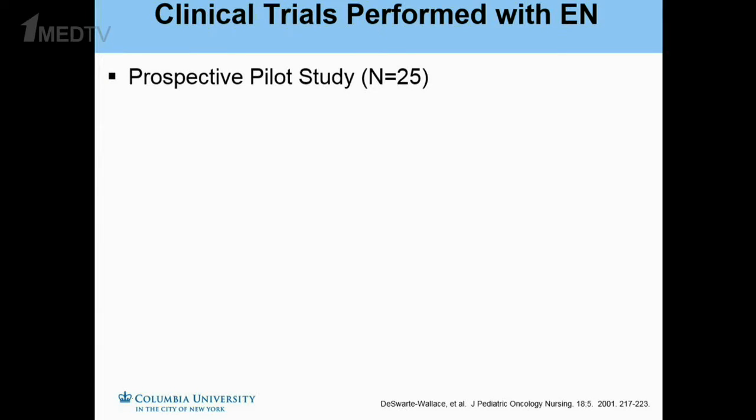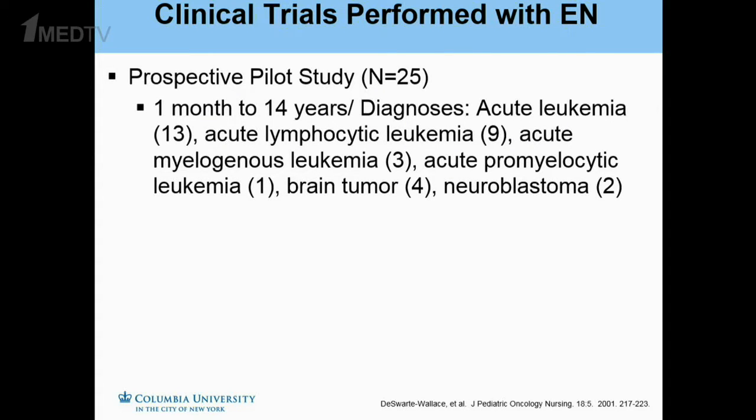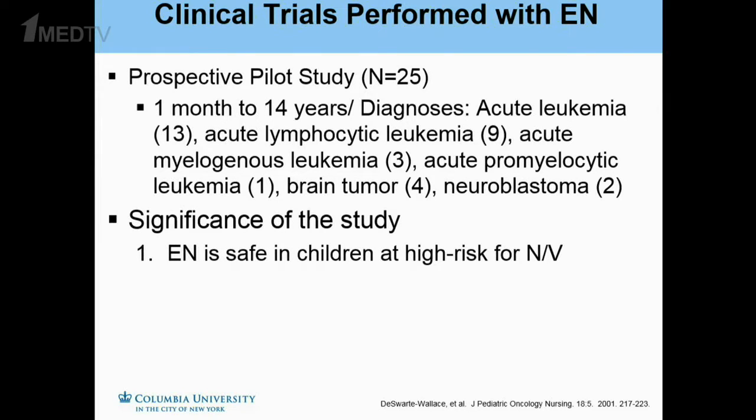So I'll bring to your attention that there have been few studies performed in children with cancer and enteral nutrition, but this one was a small prospective pilot study in children with a variety of diagnoses. And really the significance of this study was determining safety and feasibility.